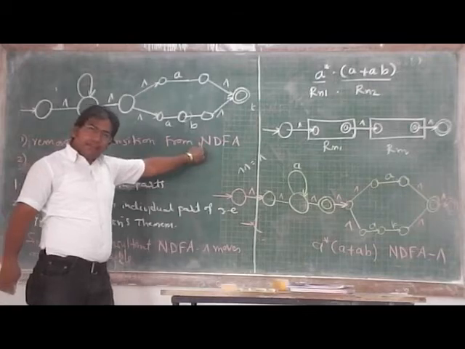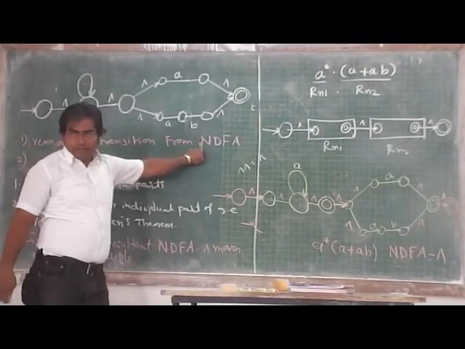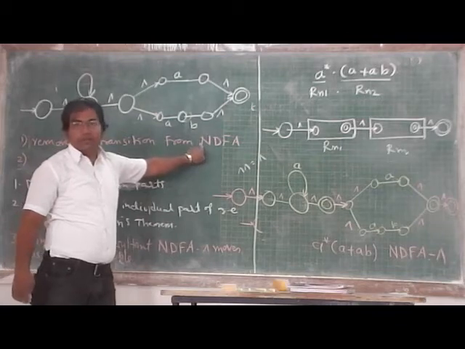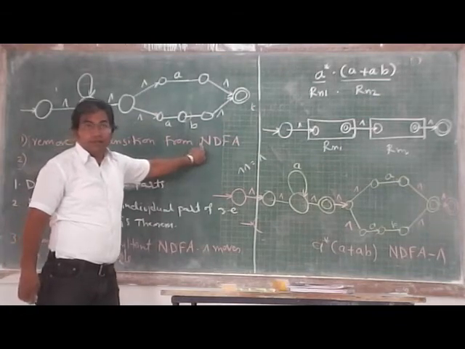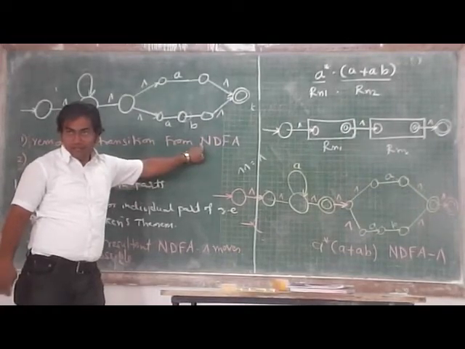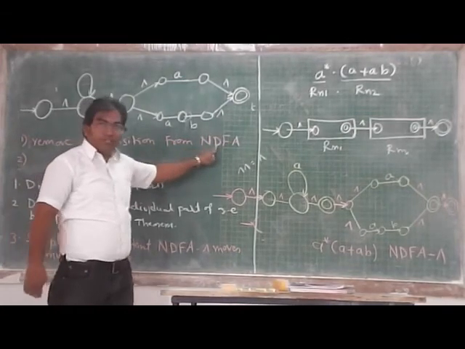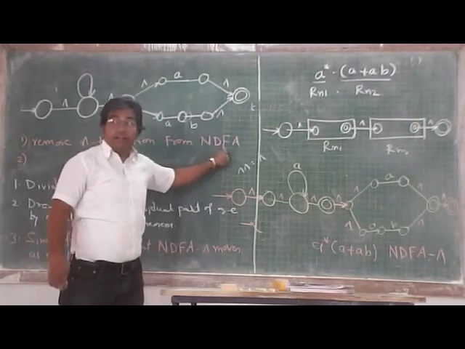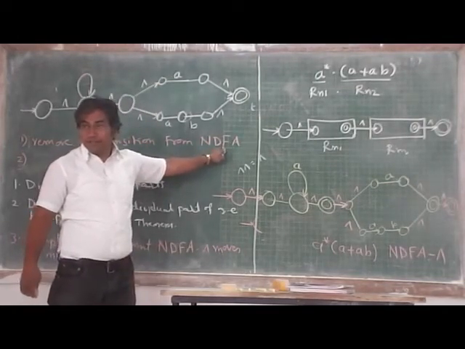But an NDFA is again not the finite automata which is required. This NDFA is non-deterministic. That non-deterministic part we can remove from this NDFA and we can have a DFA, a deterministic finite automata.